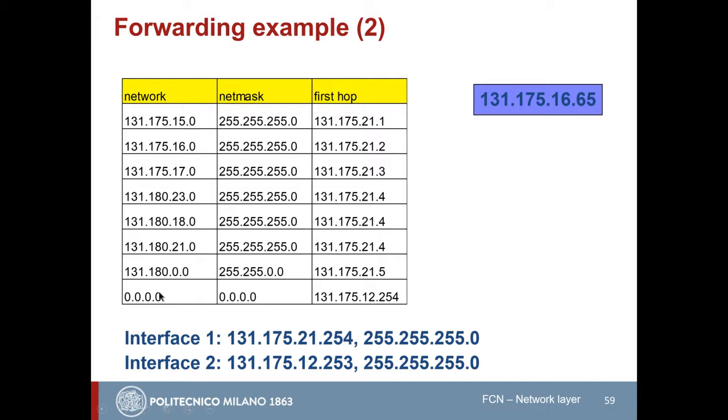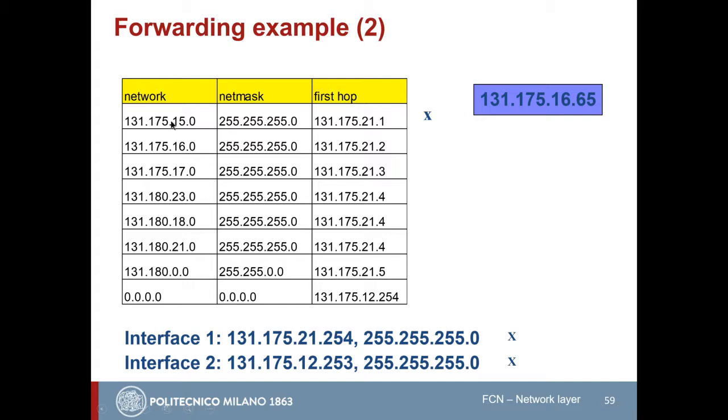And I remind you that when we are looking into the routing table, we may find multiple entries that are matching the destination IP address. In fact, here, it's not matching with the interfaces, so we start with the first entry. The mechanism is always the same. You take the net mask, you make a bit by bit AND with the destination IP address, and you take the same net mask and again make a bitwise AND with the network prefix.